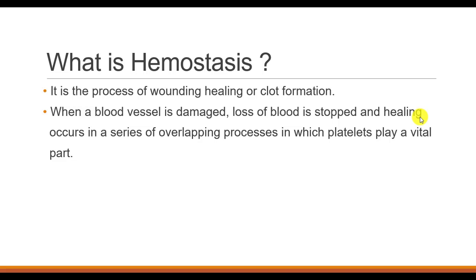But almost in seconds after that, a gel or a small clot forms around that area. This is the process of hemostasis in action, and these are the overlapping processes happening during it. So this is essentially a process in which the damage to the blood vessel is stopped.